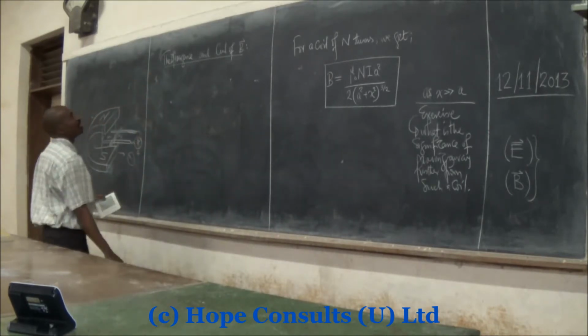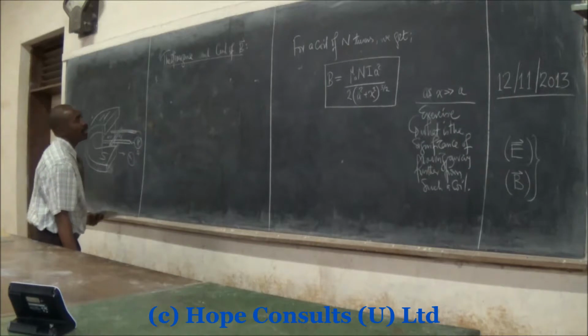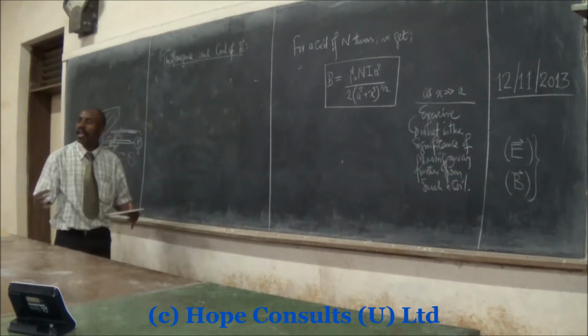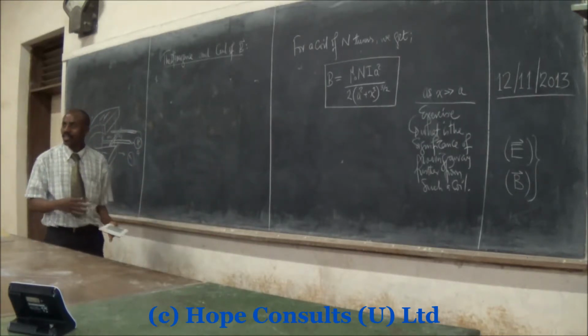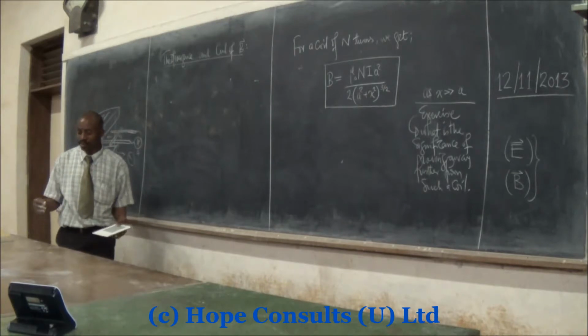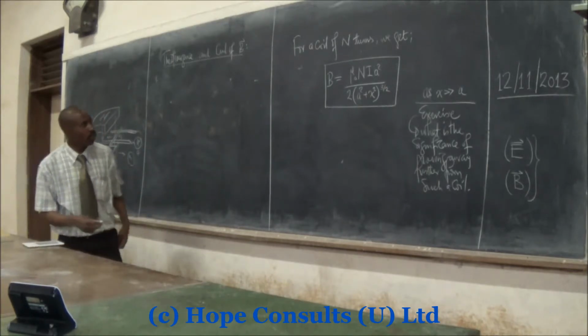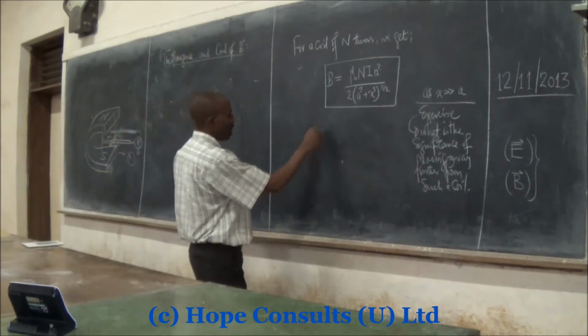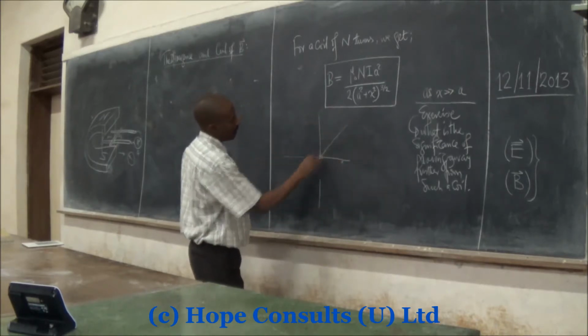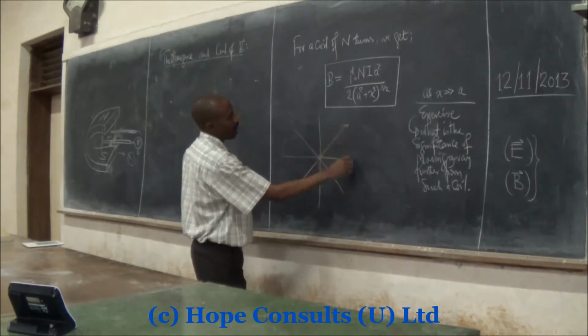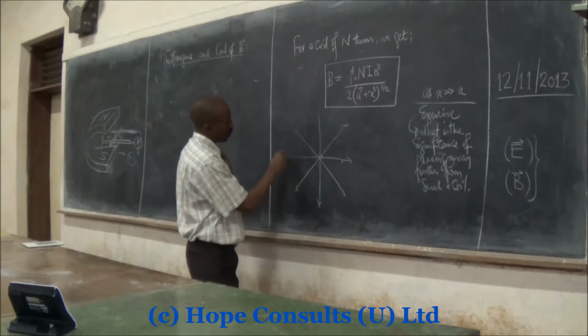Alongside the divergence and the curl of B, we looked at the curl and divergence of E. That is for electric field lines. We looked at the charge, which had electric field lines emerging out of it, assuming it was positive.